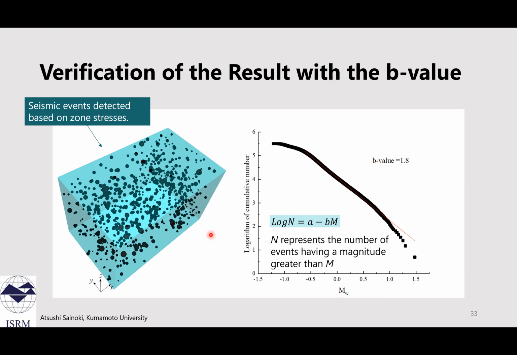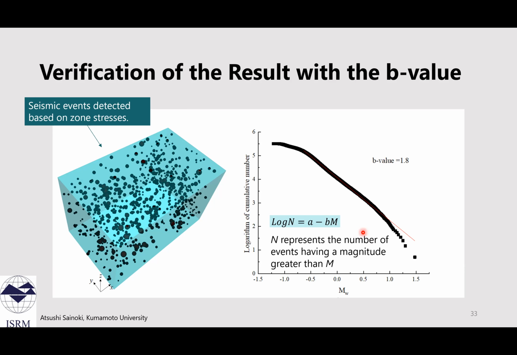As can be seen in this left figure, seismic events are distributed in this fault damage zone, and this right figure shows the b value. The b value represents the relationship between the event magnitude and its frequency. So a large b value means the number of small events is relatively large.